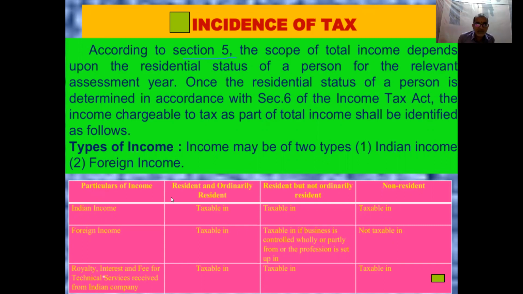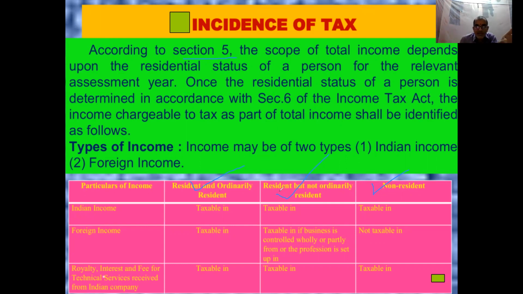I have already mentioned, an assessee can be resident and ordinarily resident, resident but not ordinarily resident, and non-resident. I am again mentioning, a person will be treated as resident and ordinarily resident if he satisfies at least one primary condition and two additional conditions.